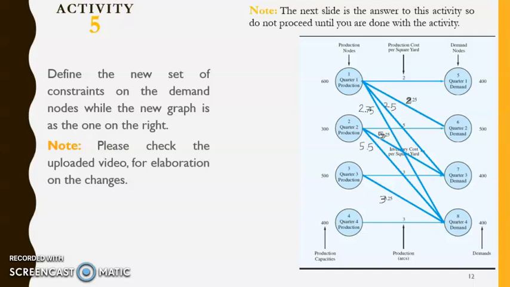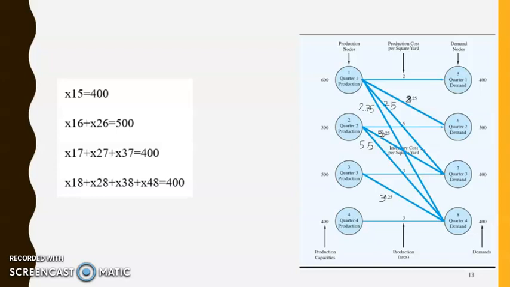Pause the video before you check the answer. We have 4 demand nodes. Therefore, we must have 4 demand constraints. For the first one, we have only one inflow and 400 is the demand. So X15 must be equal to 400.